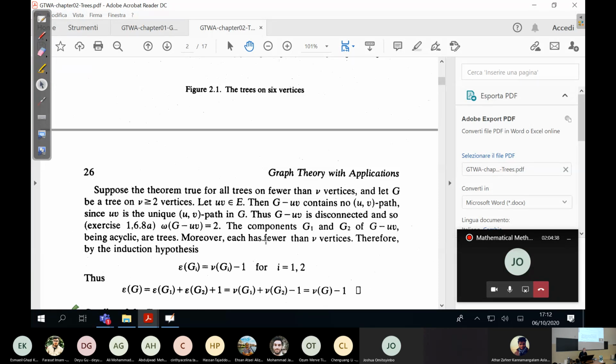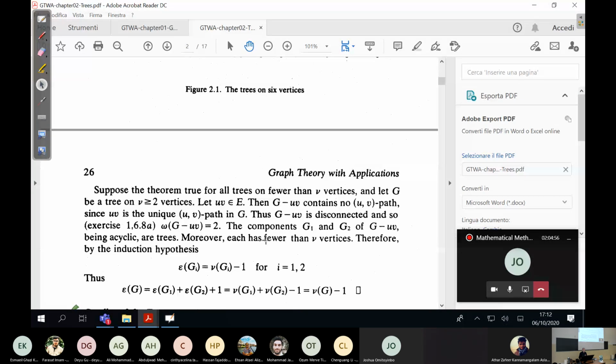No. Why? Because if these components contained cycles, these would be cycles also belonging to G. But G is a tree, so it's not possible. So each one of the two components is connected and acyclic.